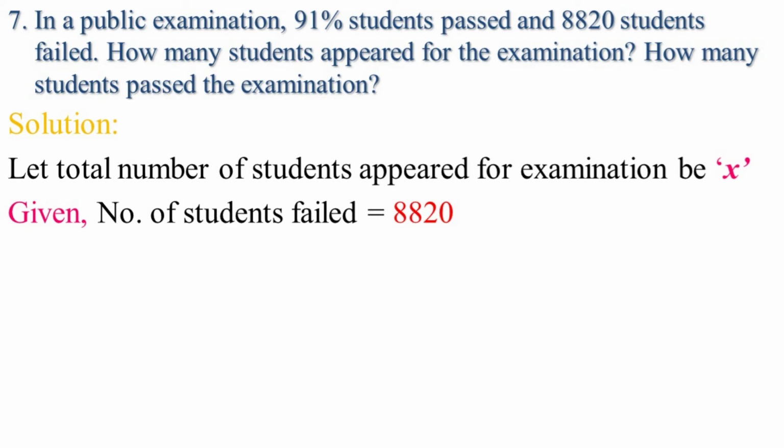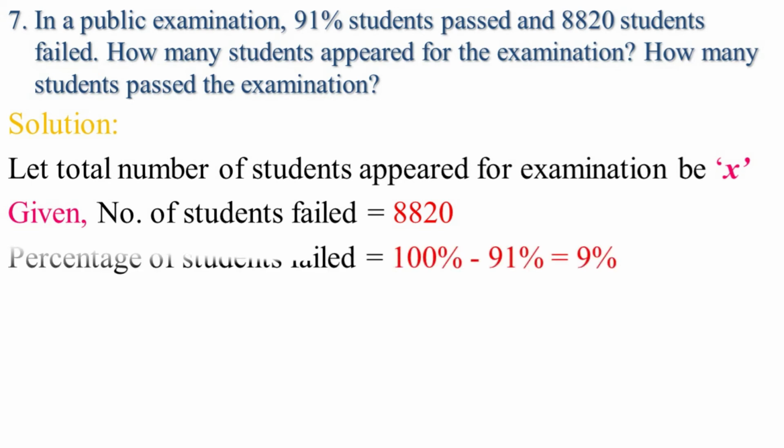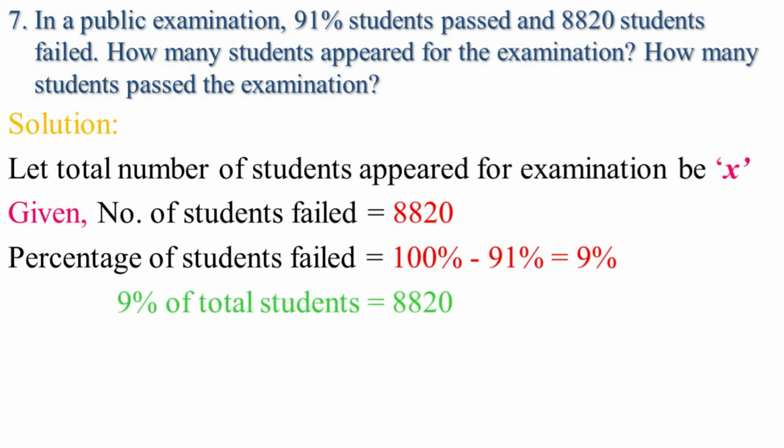If you subtract these two, we get 9%, which is the percentage of students failed. Now we have the percentage of students failed and also the number of students failed. In this case, we can write it as 9% of total students is equal to 8,820.